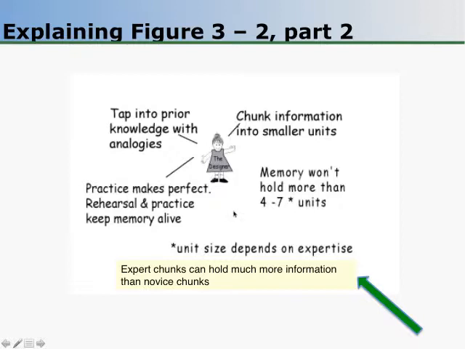And then there's chunking information into smaller units. A rule of thumb is that memory won't hold more than 4 to 7 units. But a unit size depends on expertise. And it's important to understand that expert chunks can hold much more information than novice chunks.